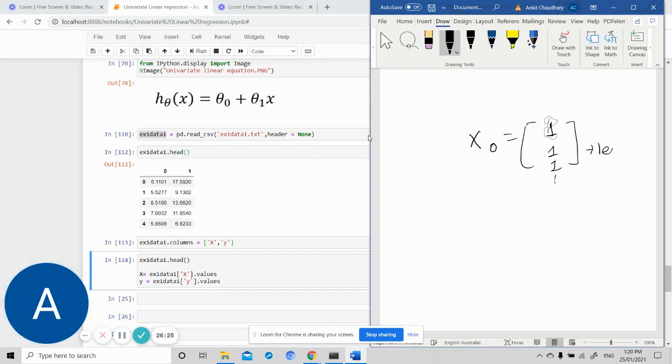Why we need to create this as 1 is because we have our hypothesis function theta naught plus theta 1 x, and this x naught here is 1.